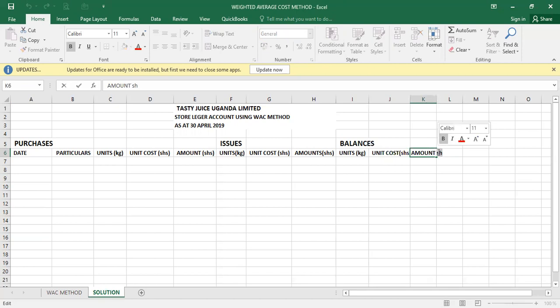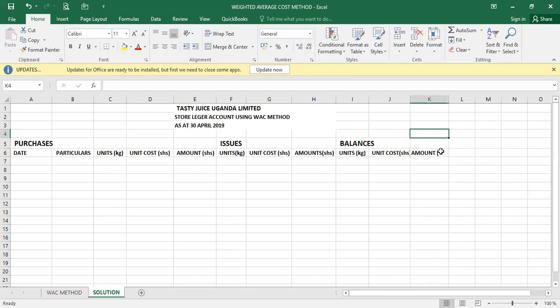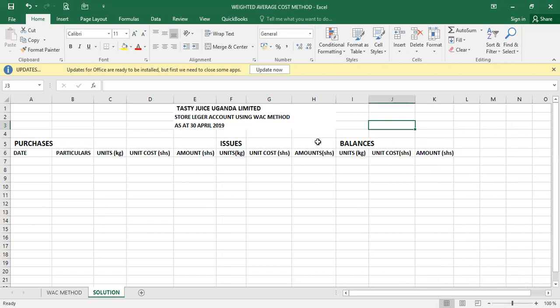Let me try to enlarge this, and we see this one is in shillings. Enlarge this one also a bit so that we'll be seeing everything. So we can start. We said on this one, let's include also the unit cost. There's something I want to explain.